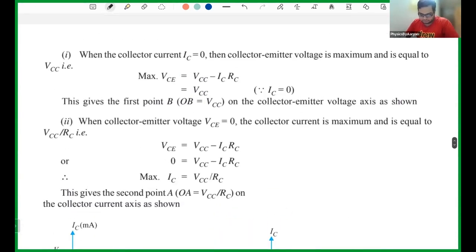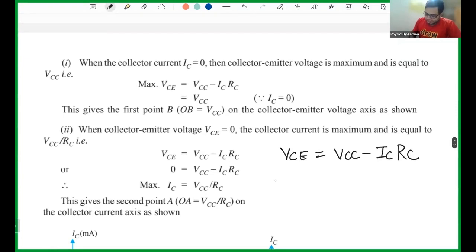If it is fine, then I want to remind you about the equation we were doing: VCE equals VCC minus IC RC. This was the equation we derived from Kirchhoff's voltage law.